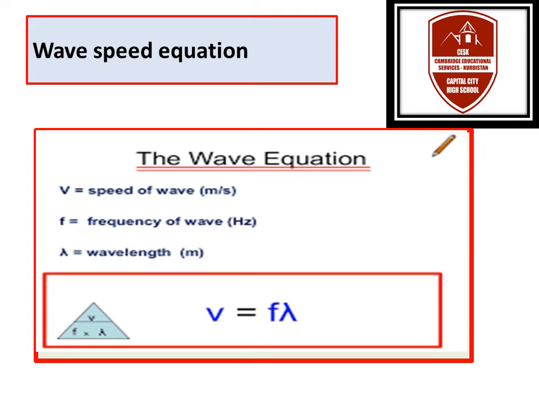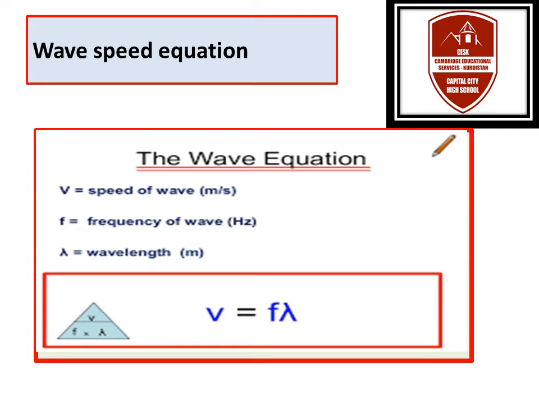Sometimes we need V as the wave speed, meter per second unit, but with light we use the letter C. So here V is the speed of light. If you say C, same. F is the frequency of the wave, in hertz. The unit of frequency is hertz, or you can say second to the power negative 1.